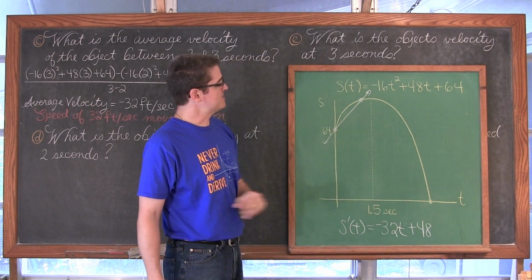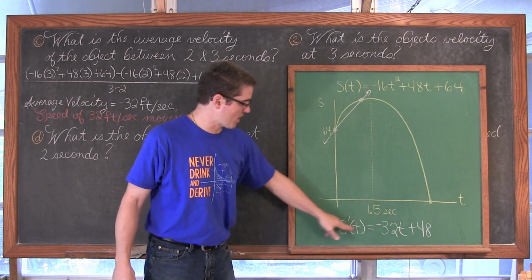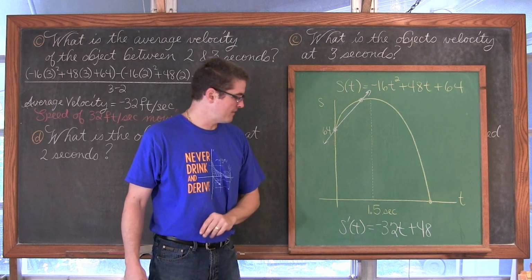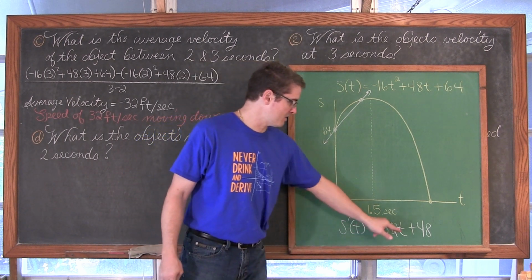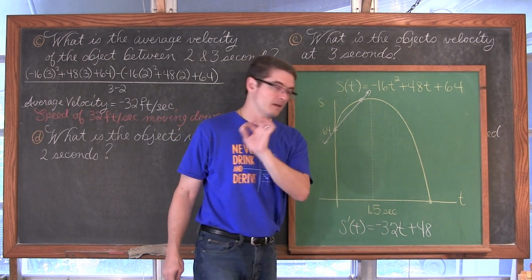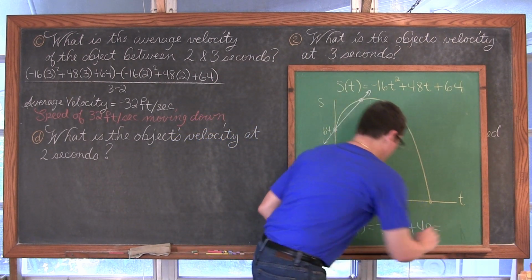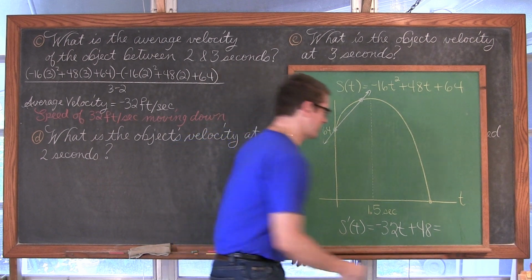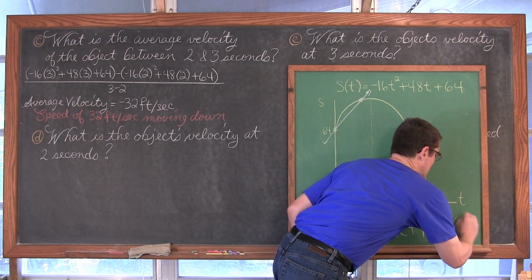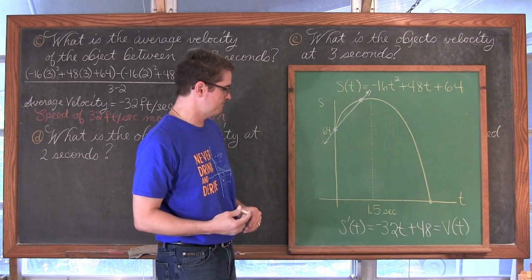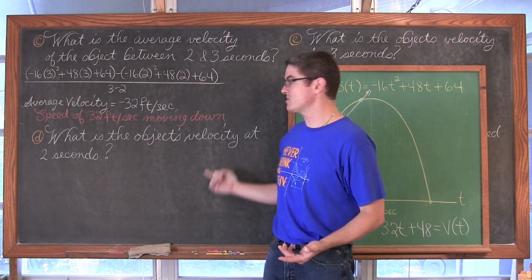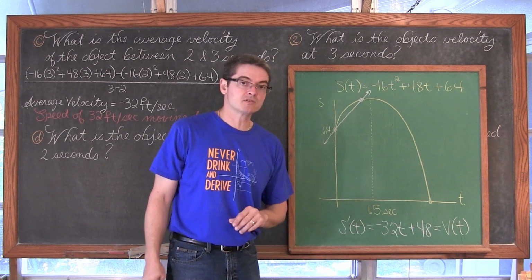So if s(t) is this function here, then s prime of t, or the derivative of s(t), is equal to negative 32t plus 48. And of course, if this is the position function, which it is, the first derivative is equal to the velocity. So this is our velocity function. If I want to find the velocity at 2 seconds, all I have to do is plug 2 into this.